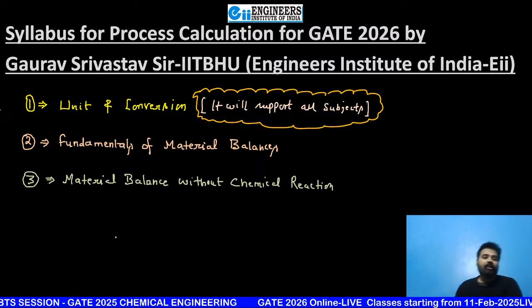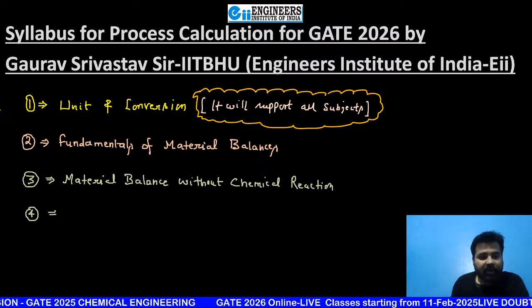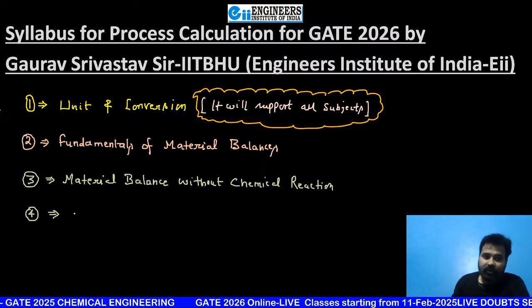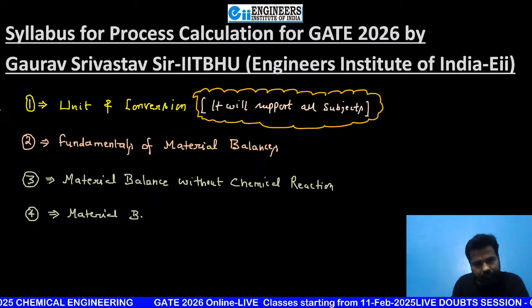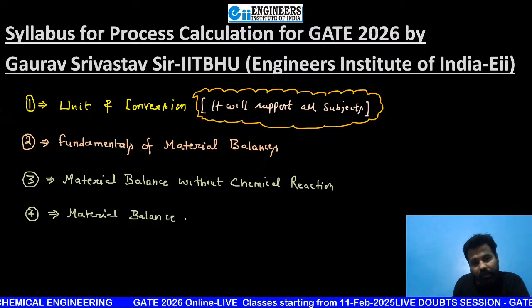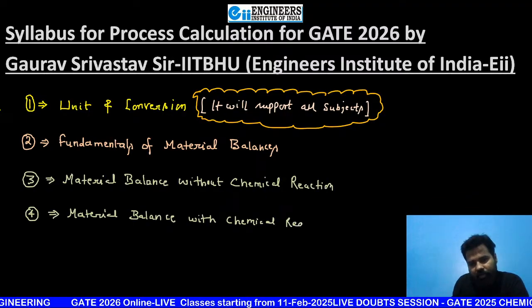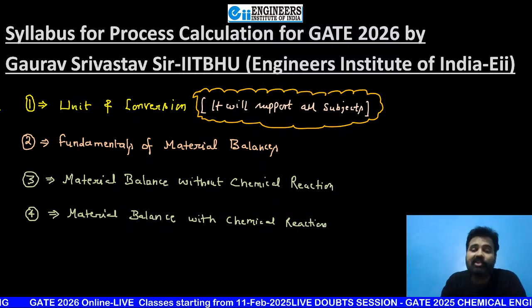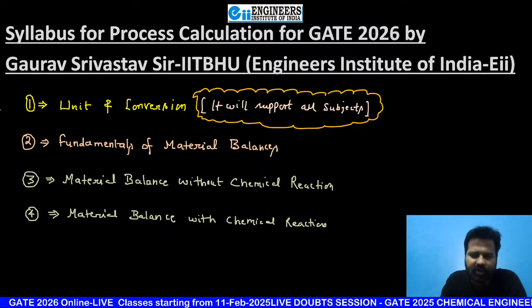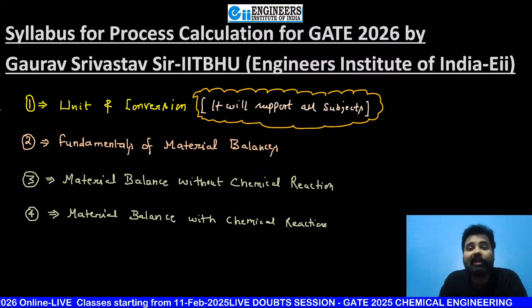Now chapter number 4, my dear students, material balance with chemical reaction. Without chemical reaction, like evaporator, like distillation operations. I will give basics of these operations, like extraction. With chemical reaction, that means some chemical reaction is there, reactors are there.